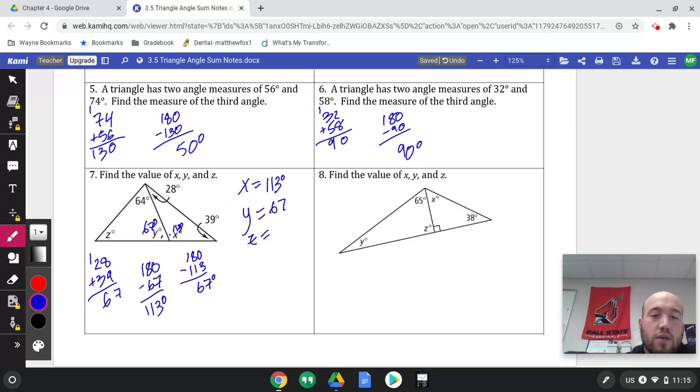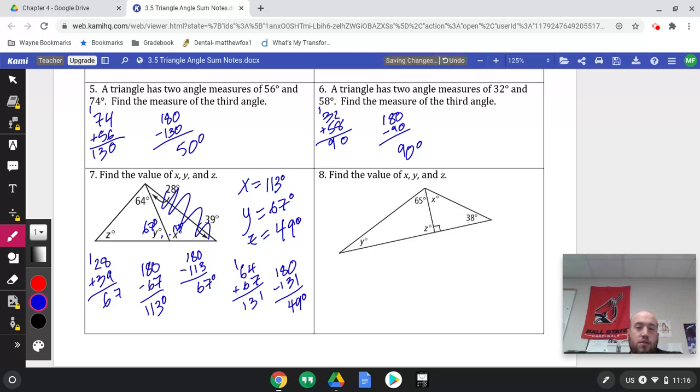From here, we don't care about anything over here. We can forget about that and deal with the front or the left triangle and just do 64 plus 67. That will equal 131, and then take 180 minus that 131, and we will get 49 degrees.